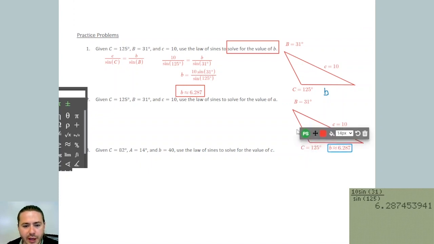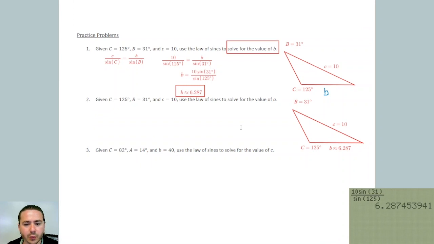Now to find side A, we don't actually need to know side B. So it's really not even relevant here. But to find side A, what we need first is to find angle A.